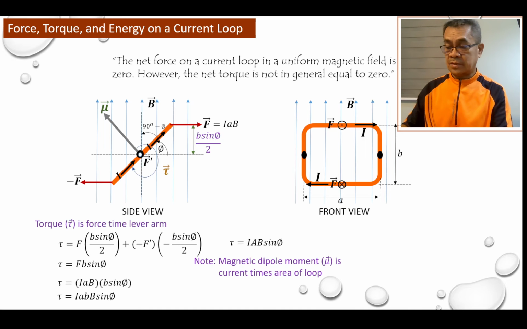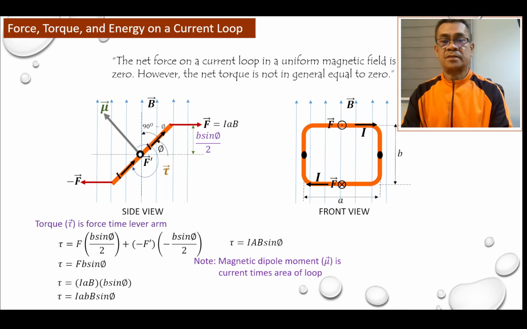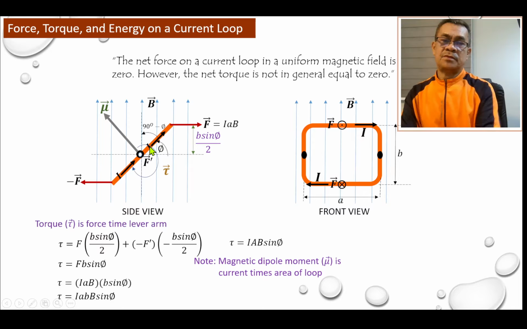So it is actually a vector, and we can use the right-hand rule for its direction. In this case, since the current is inclined upward, it tends to rotate about the loop, and the dipole moment is directed in this way.